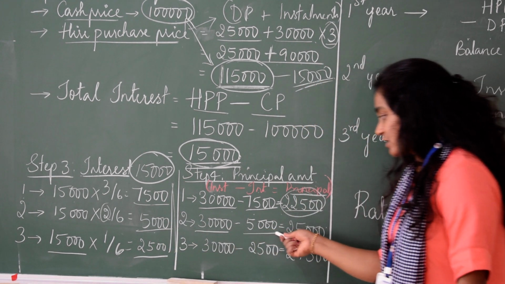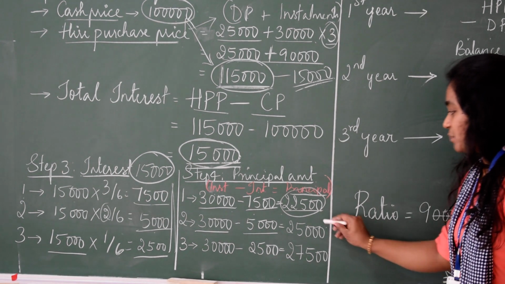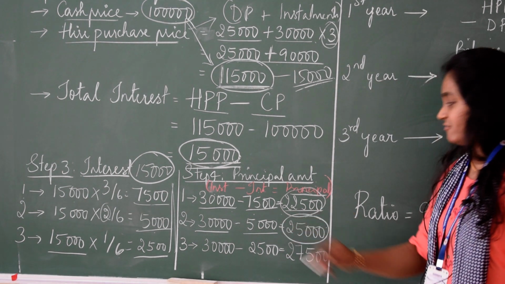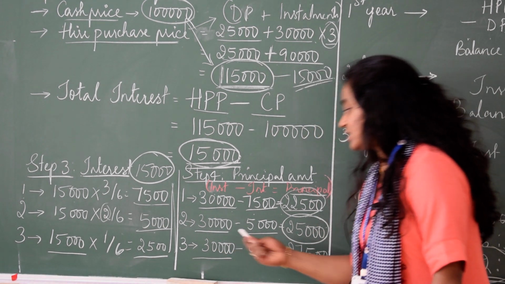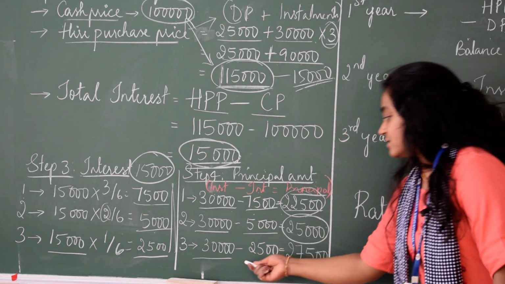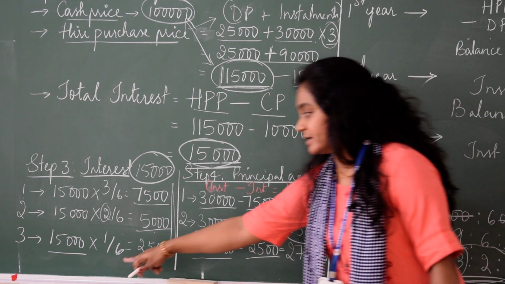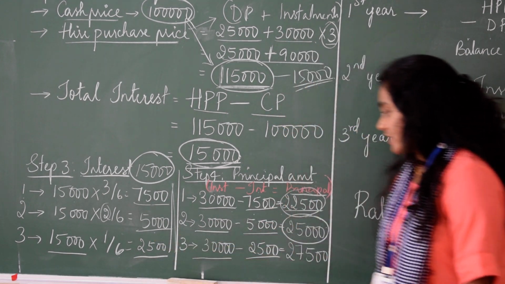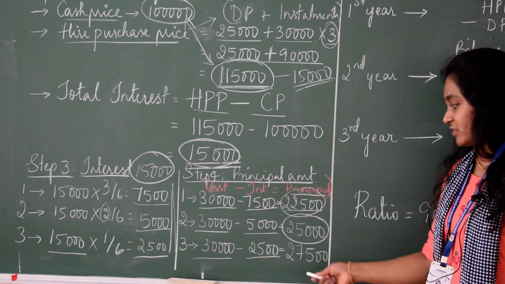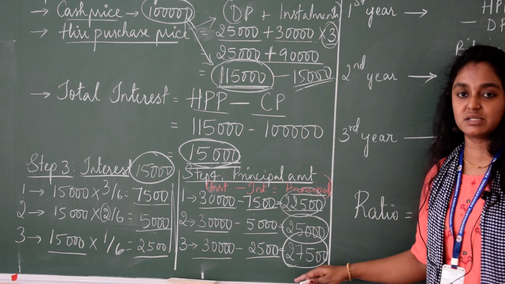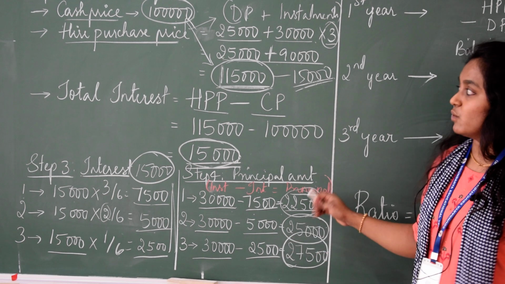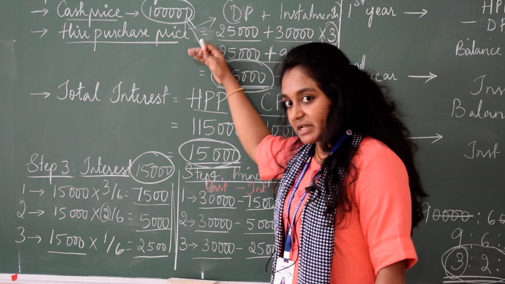So if I remove 5,000 on 30,000, the principal amount will be 25,000. Going to the third year, the installment is 30,000 again, and the interest that we have calculated here, that is 2,500. Remove that 2,500 from 30,000, you are amounting to 27,500 principal amount.